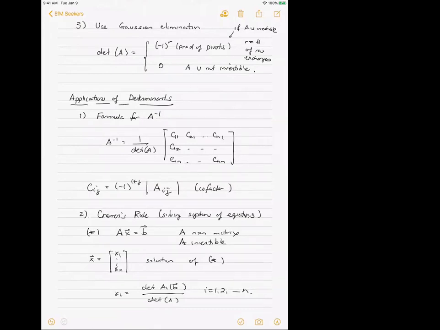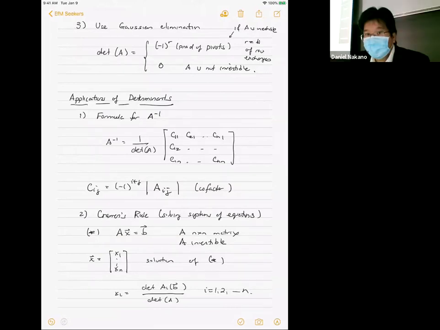Whenever there needs to be row exchange for the LDU decomposition, what do you need to do? So what you do is you do the row exchanges first, and then you look at P times A, where P is a permutation matrix, and then you can write that in terms of LDU.